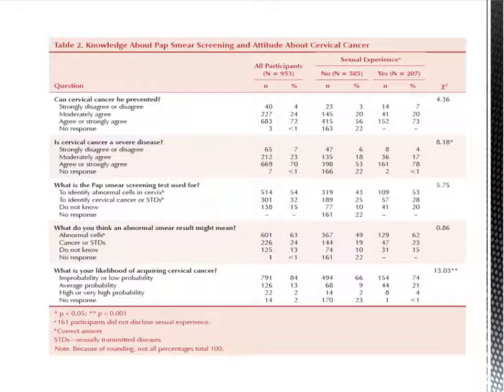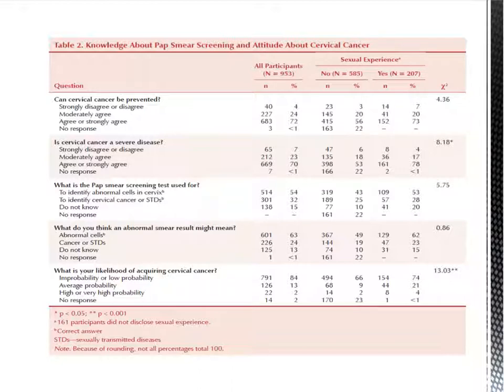This statement can be supported because if you look at the columns that contain percentages, you will see there is a substantial difference between the percentages of women who have had a sexual experience who agree or strongly agree that cervical cancer is a serious disease, 78%, versus those women who have not had a sexual experience, 53%.